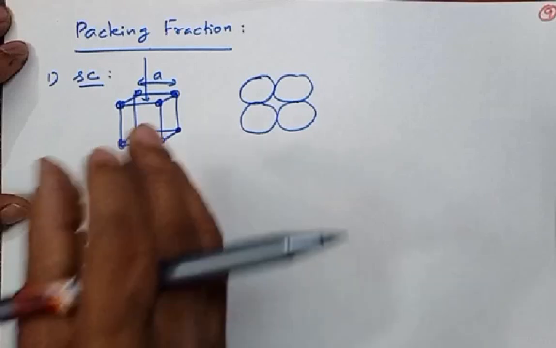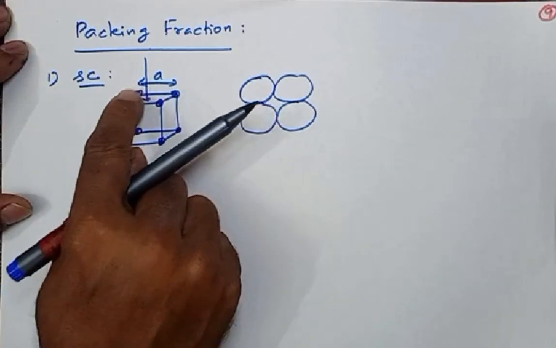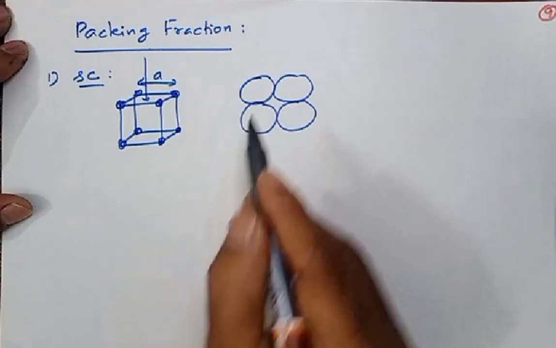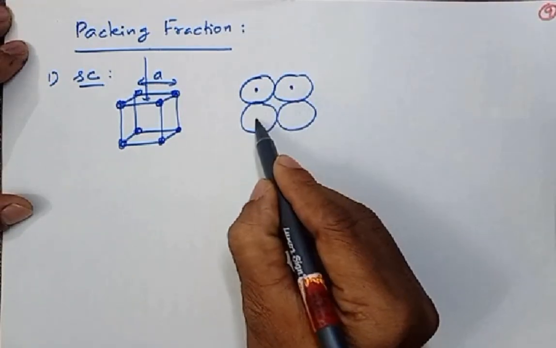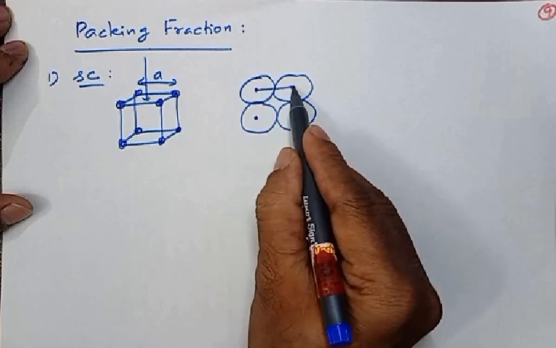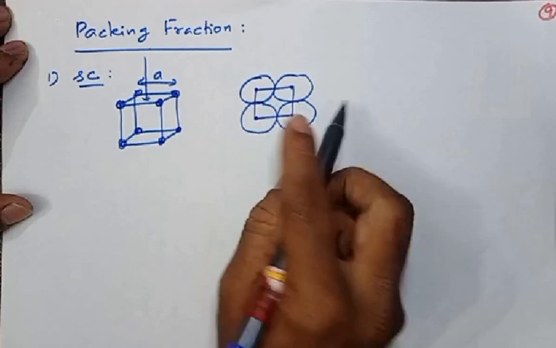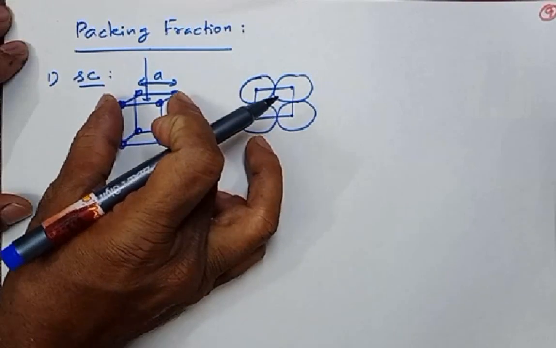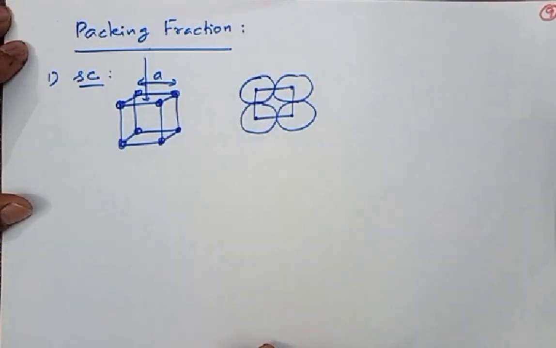But in reality, the top 4 atoms are actually touching each other. If you join the centers of each atom, you will get a square shape when viewed from the top.